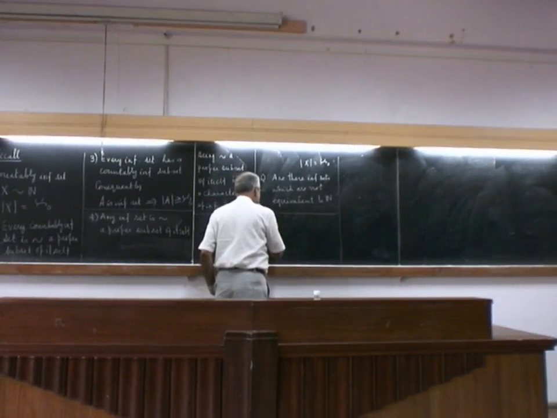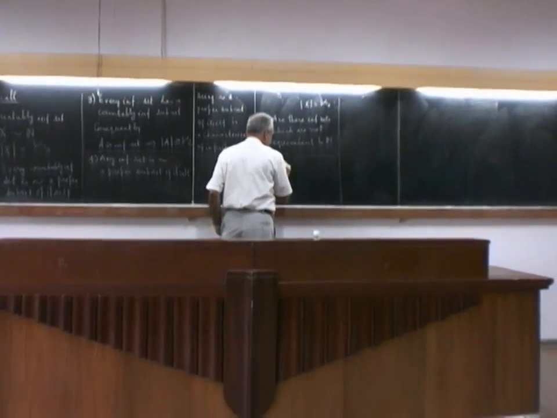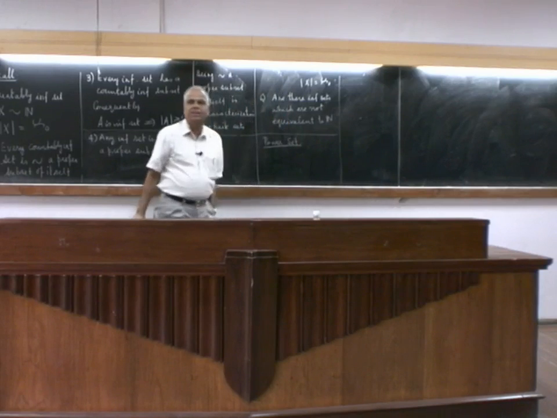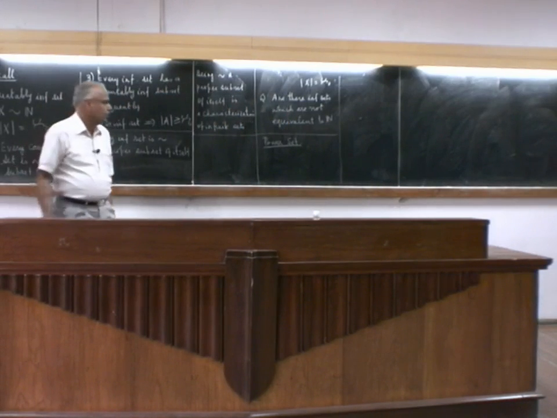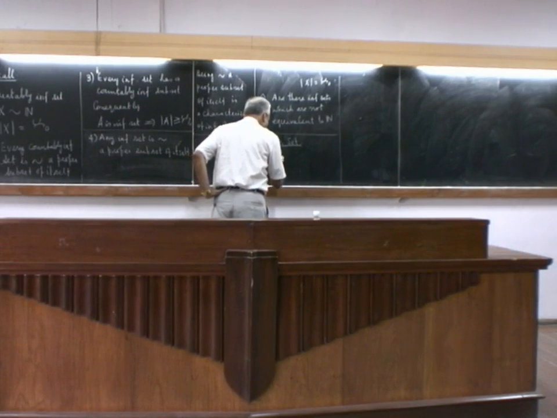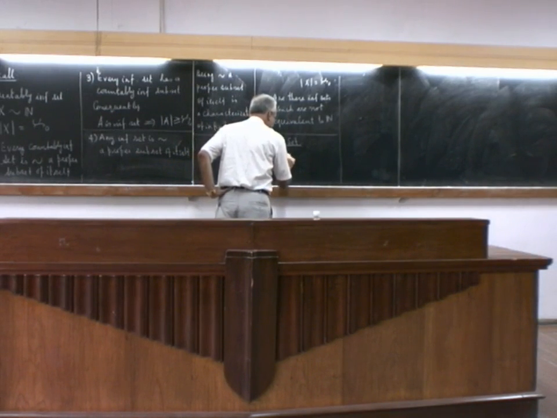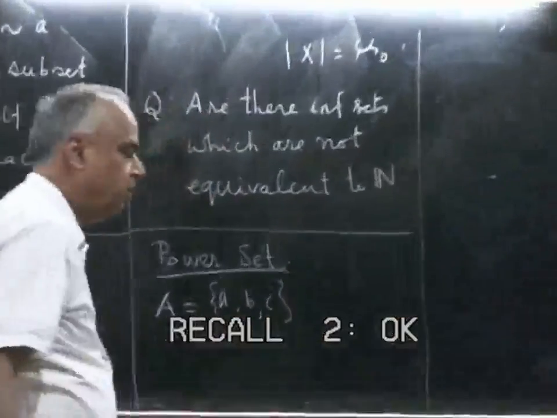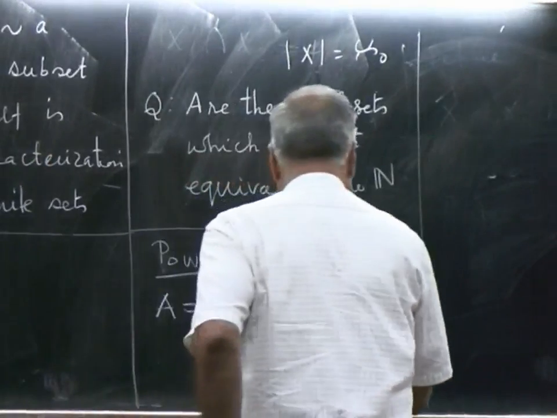So, first we introduce the notion of power set. Okay. I think I began this last time. So, let us consider a set A to start with, a finite set which has the elements a, b, c.